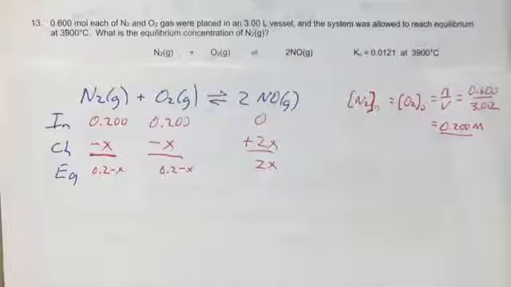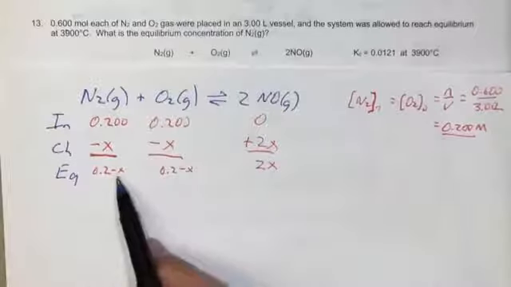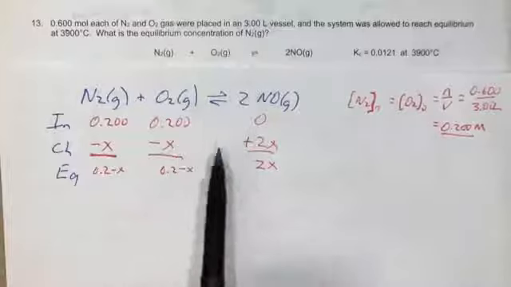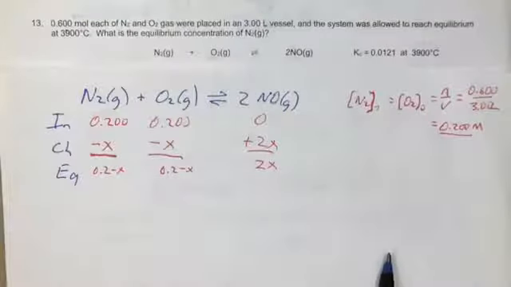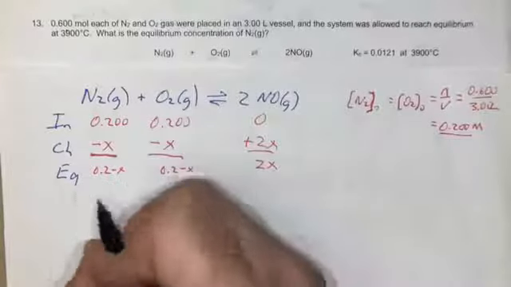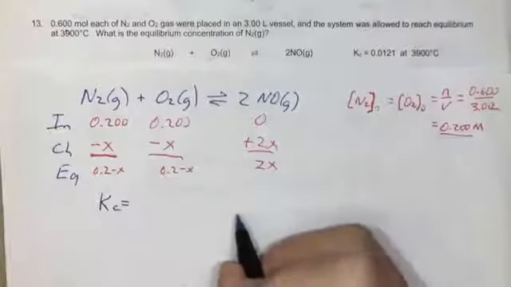When all else fails, you do two things. First, you set up the ICE table, which we just did. If you don't know anything else to do, set up the ICE table, and that's what we did. And then plug the equilibrium values into the KEQ equation. So Kc looks like this.